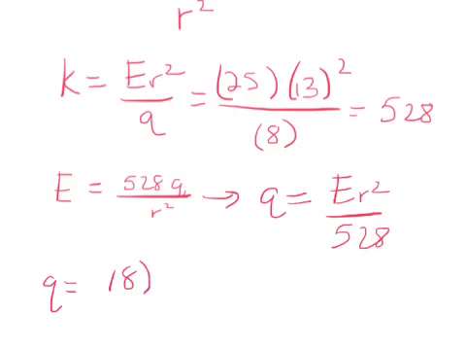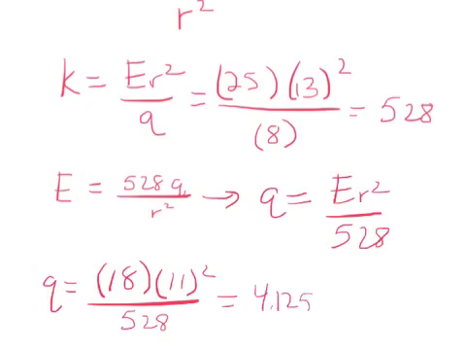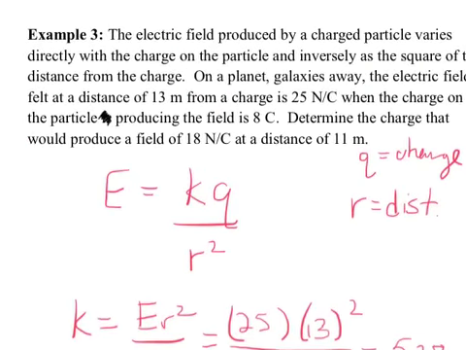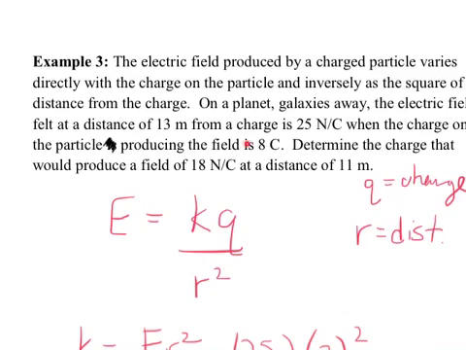So 18 newtons per coulomb at 11 meters, all over 528. And that value is 4.125 coulombs. How do I know it's coulombs? Simply because the original charge we started with was also given in coulombs.